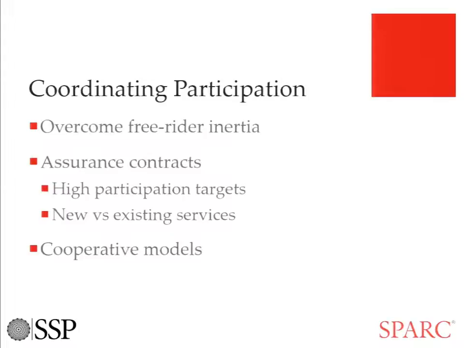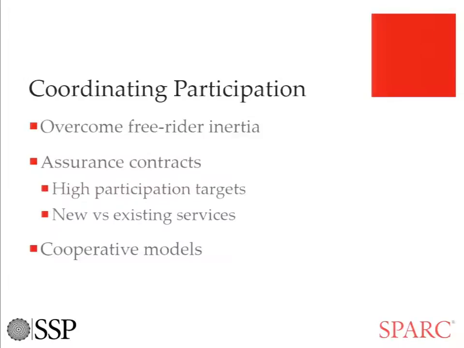It's conditional, so no one's actually committing until you're sure that the action is going to work. And typically high participation levels make those kinds of actions more successful, because each individual organization's contribution is more visible when it's a high participation level. If it's a low participation level, then it's easier again to free ride.